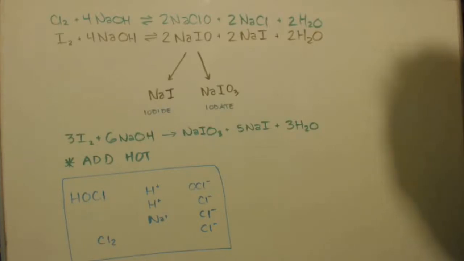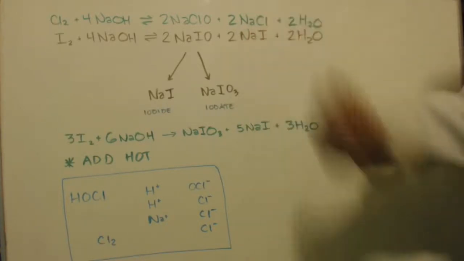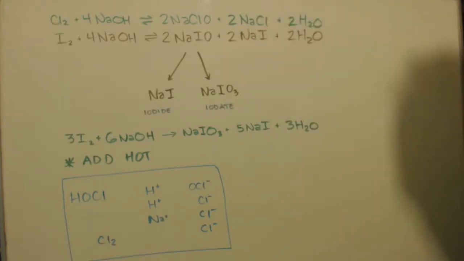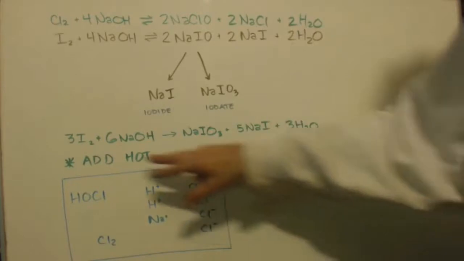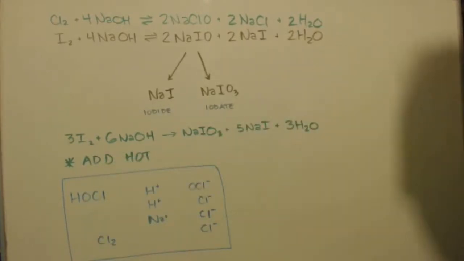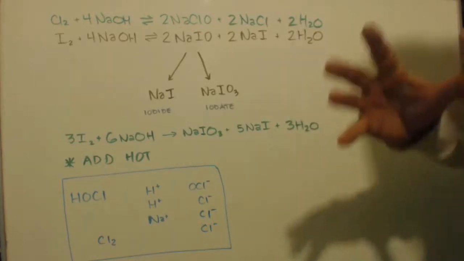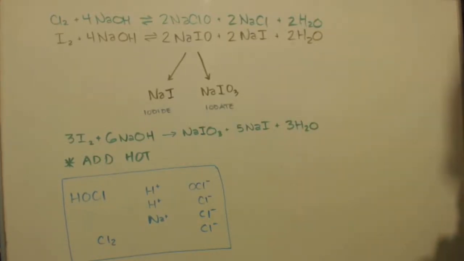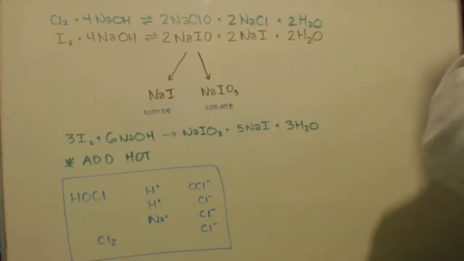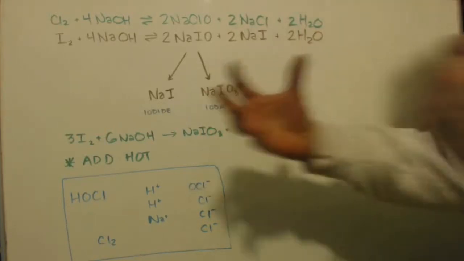I want you to think, like in the case of bleach, you have more ions and stuff in there than you would think. Here, look down at this blue box. In bleach, you're going to have some acid, just a little bit, because it's a basic solution, but you still have a little bit going in and out of solution.